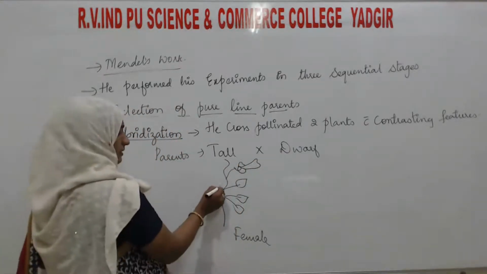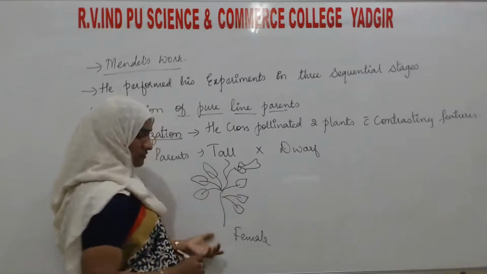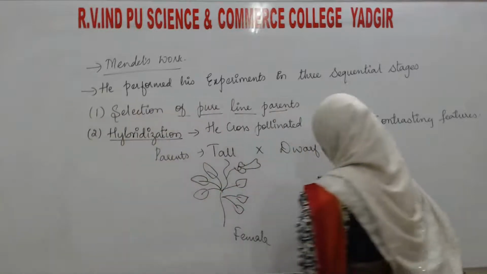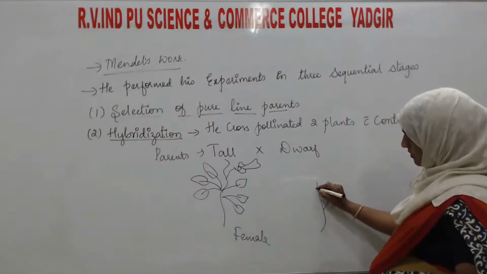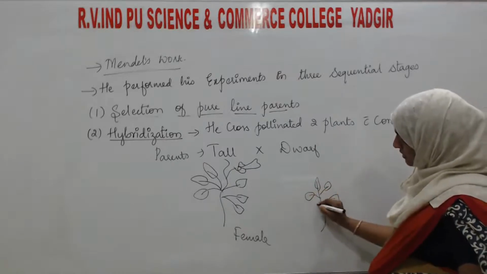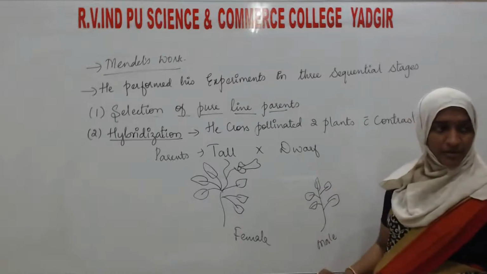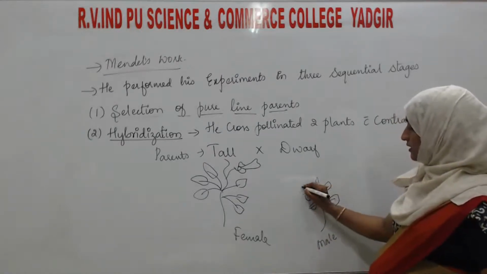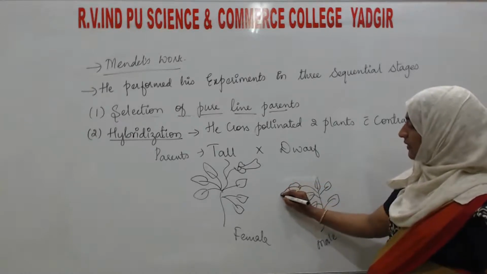Opposite to this is the short one, which is the male plant, the plant which bears the male flower. Here this is the flower and this is the anther.